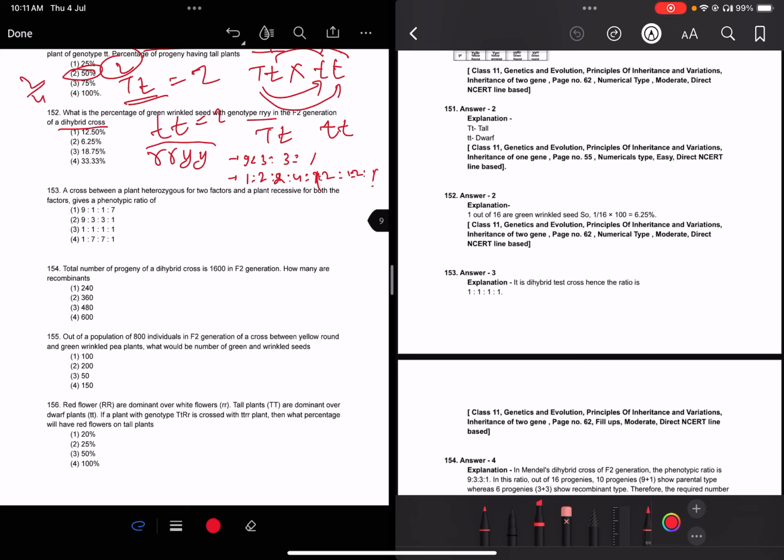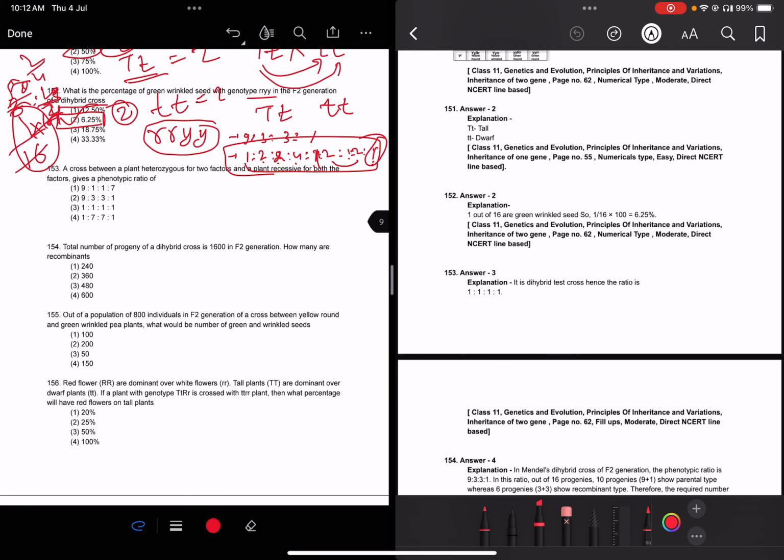So there is a green wrinkled. Both sides are recessive characters, so only this one is possible. Out of a total of 16, only one has the completely recessive trait, meaning green wrinkled. The percentage of green wrinkled is 100 by 16, which is 6.25. So move ahead to the next question.